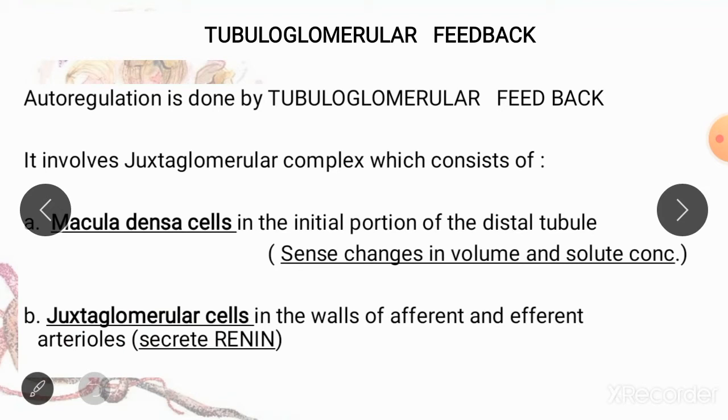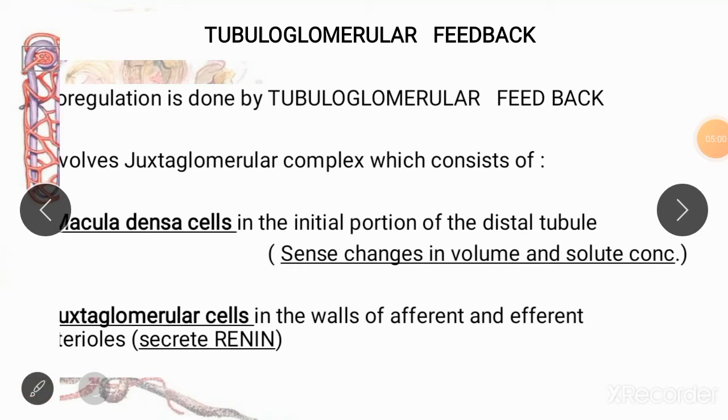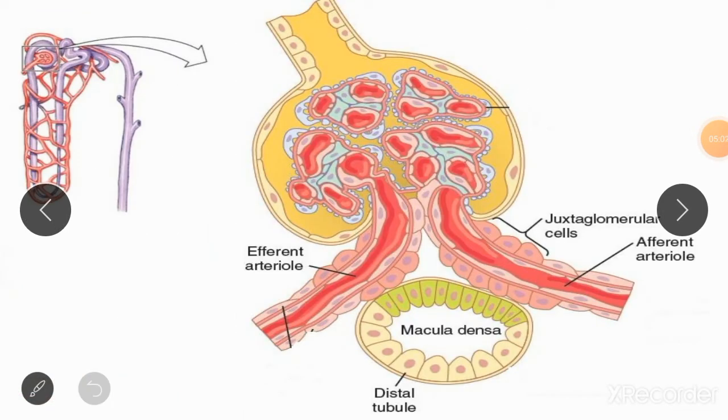Macula densa cells are special thick cells which are present in your distal convoluted tubule, and they sense changes in volume and solute concentrations, especially concentration of sodium. Then we have the JG cells, which are present within the walls of your afferent and efferent arterioles, and they have a very important function. They secrete renin. So let us look at a picture for better understanding.